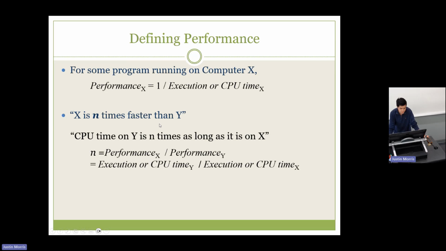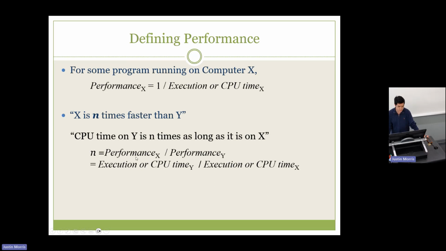And then if we want to compare the performance of a program on two different processors, we're going to take the performance of the two and take the ratio. In order for this statement to be true, like CPU time on Y is n times as long as it is on X, Y should be the one that is larger. Whenever you're comparing two things and you're trying to figure out the speedup, you take the one that is larger in terms of execution time divided by the one that is smaller in terms of execution time, and you get that ratio.